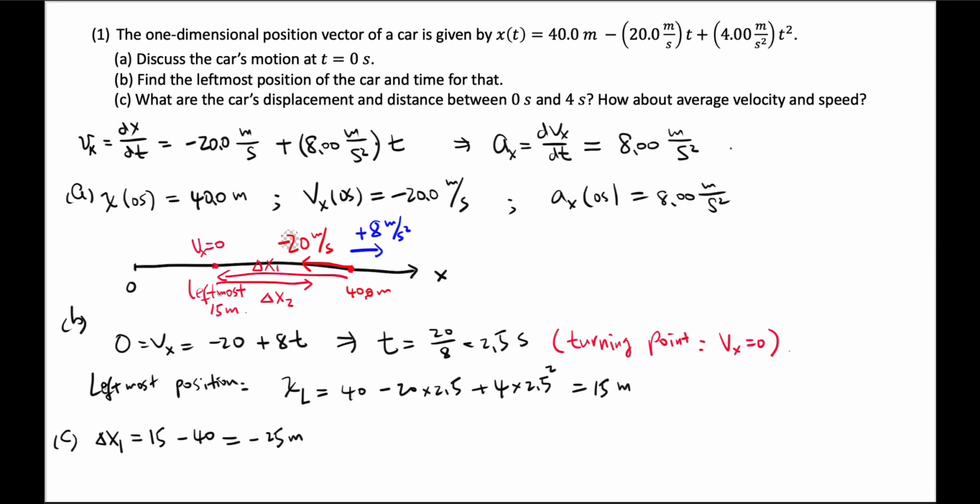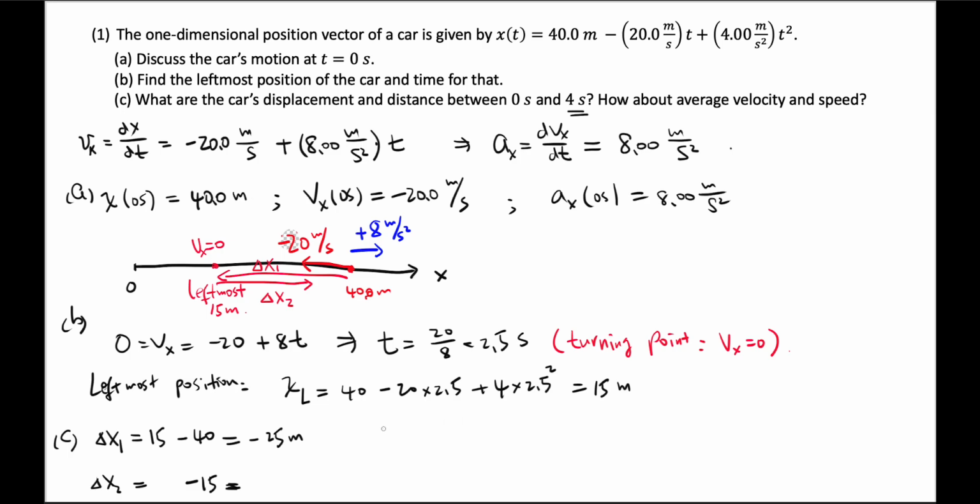Okay, so now the second displacement would depend on whatever we calculate for the final position minus 15. That's the initial position for the second displacement, and then we'll get a number there. Okay, so let me figure out this t equals 4 seconds first.